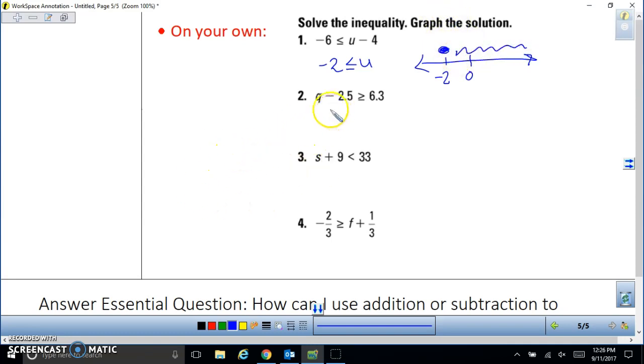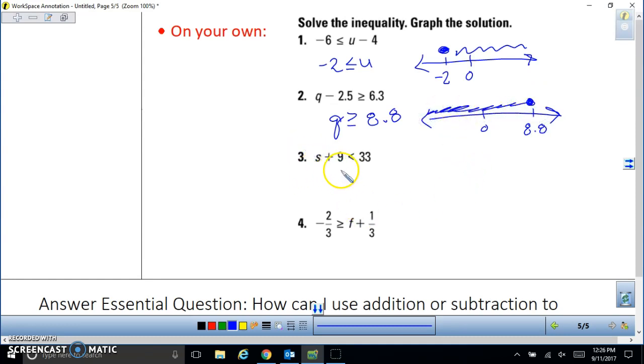Alright, number 2, you should have added 2.5 to both sides, and you should have got that q is greater than or equal to 8.8. And when you graphed it, you had a filled in circle at 8.8, and q is less than, so we are going to shade to the left.